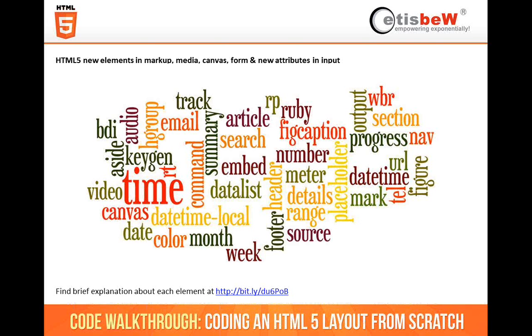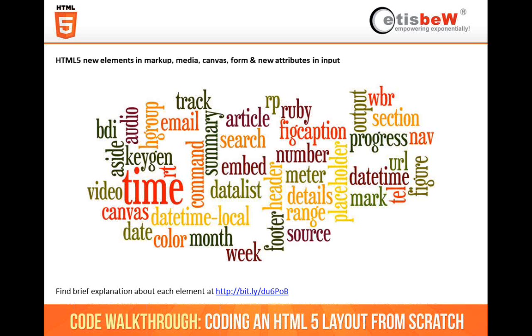The new elements may be in markup, media, canvas, form, and new attributes for input. In this tag cloud you can see different tags, and let us concentrate on a few tags that are necessary for developing a layout.